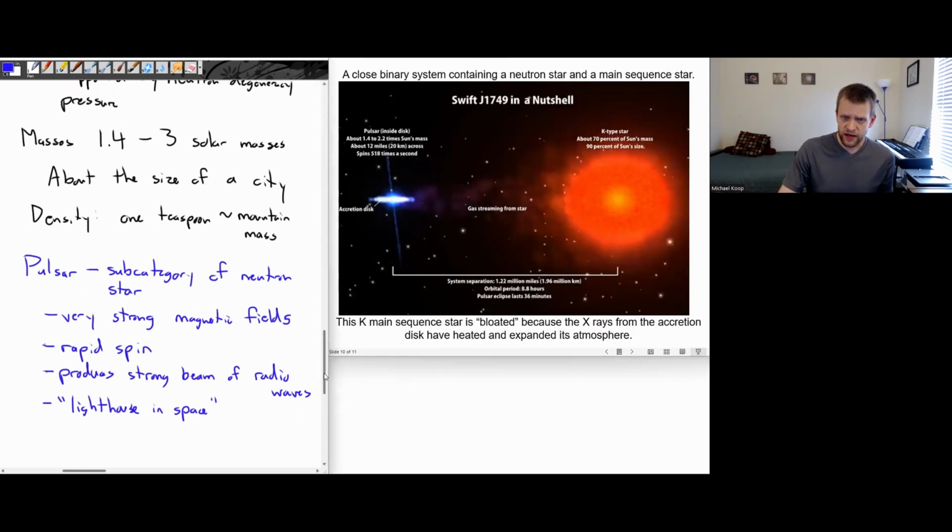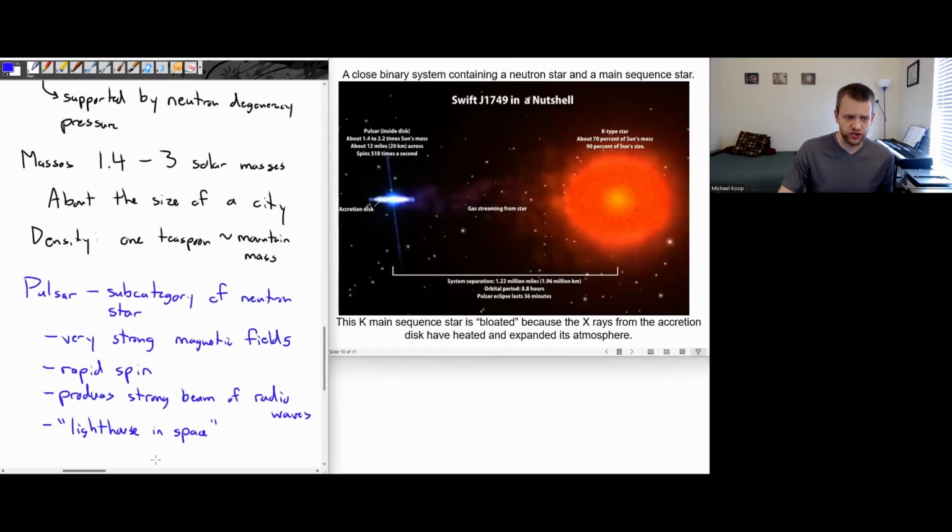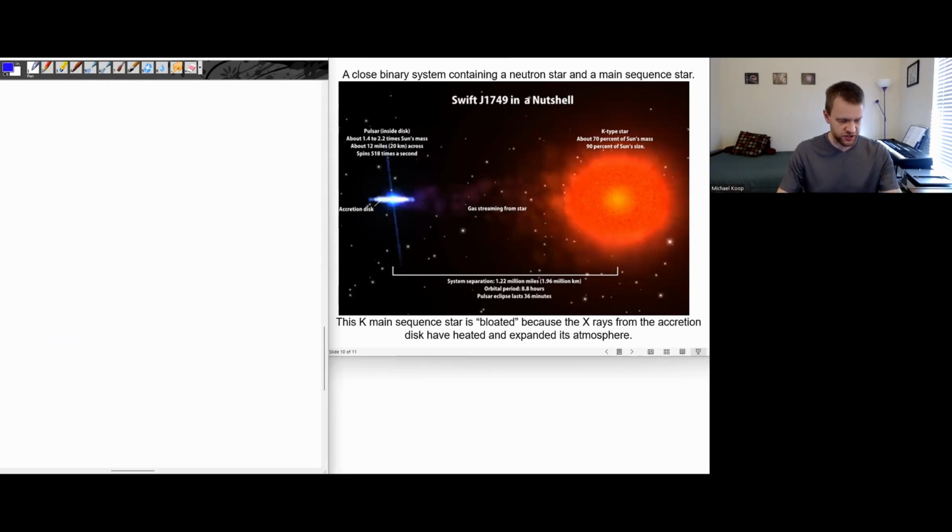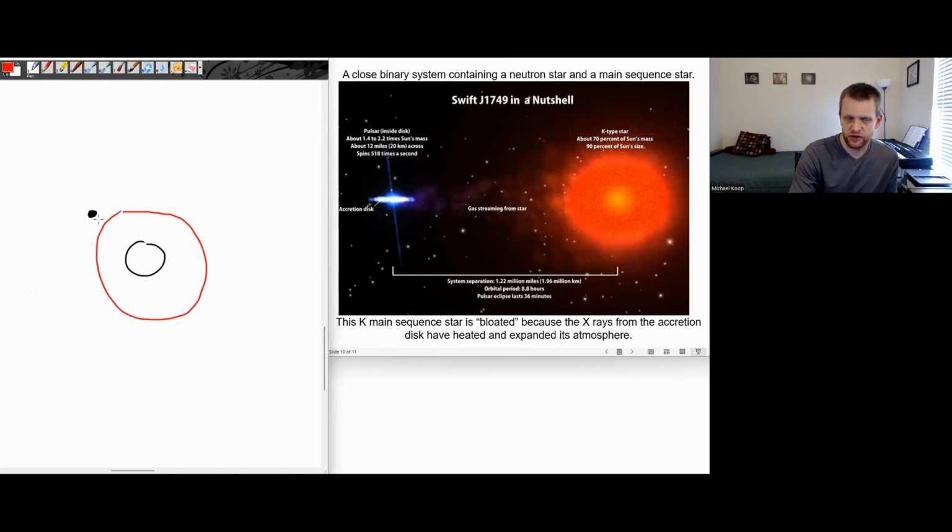However, if we have one of these neutron stars in a binary system, well, just like the white dwarfs, if that neighbor star starts puffing up into a red giant, starts expanding its outer layers into a red giant, if some of the outer layers of that star get too close to this neutron star, it's going to start pulling in some of that material into an accretion disk.